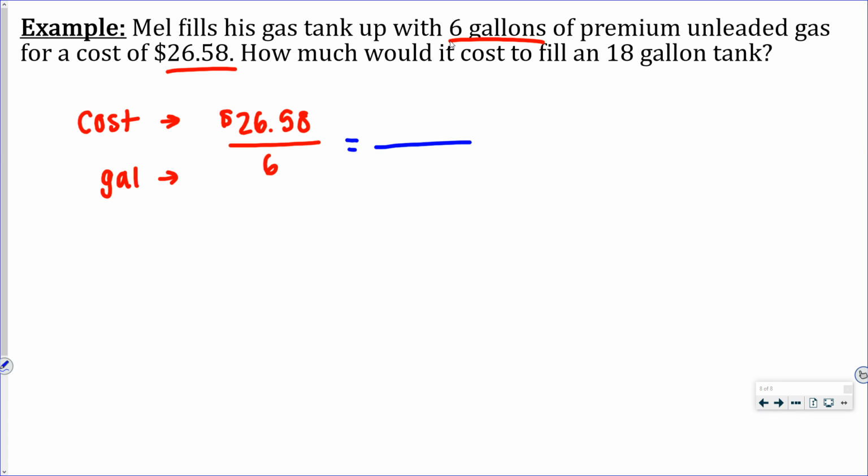All right, so to set my proportion, I want to know how much it would cost. My cost in the numerator. How much would it cost to fill up 18 gallons in my tank? Gallon goes on bottom. All right, cross multiply. 6 times x is the same as 18 times that 26.58. Obviously, we're talking about cost. Decimals make more sense, right?